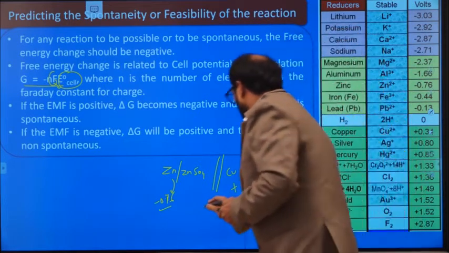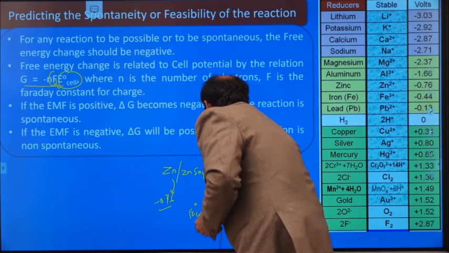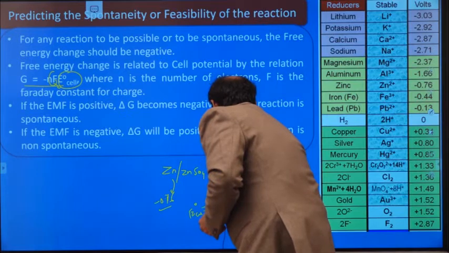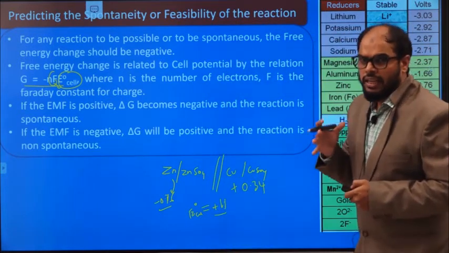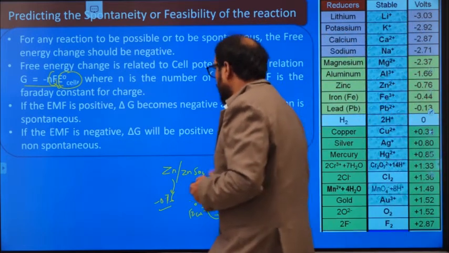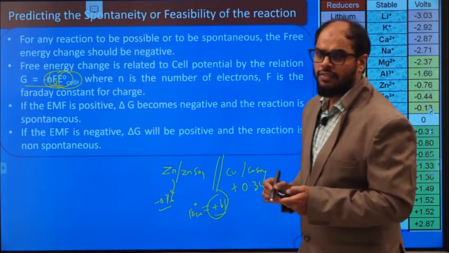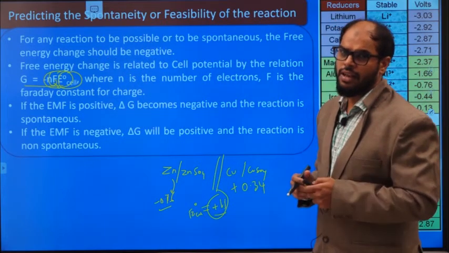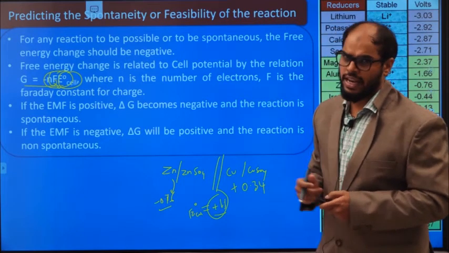So if we calculate the cell potential, the value will be plus 1.1. Since it has a positive E naught cell value, when we substitute this value into the free energy, we definitely get a negative value. So more negative value means more spontaneous reaction.